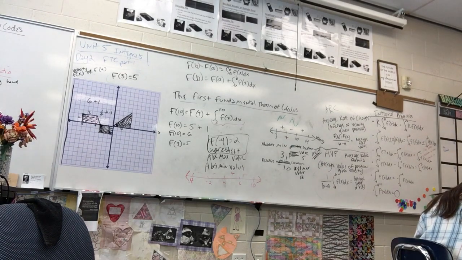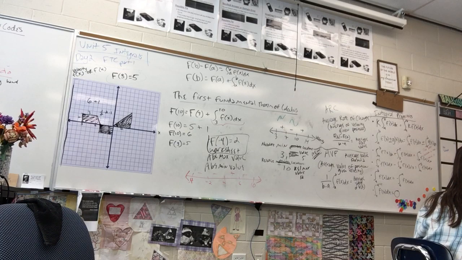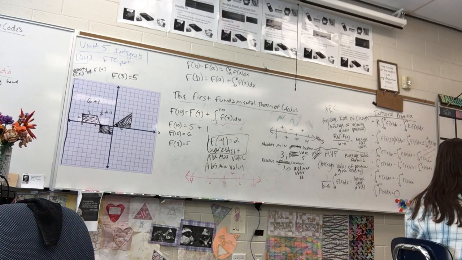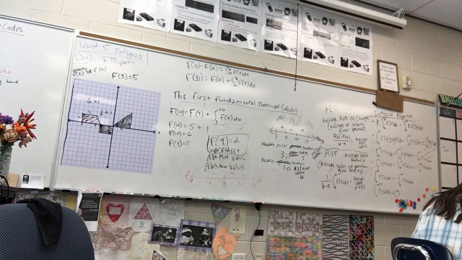Is it 2 or 4? I think it should be 2, but I got it. I don't know why. It could be possible. That's weird. No, it's not. Perfectly normal.